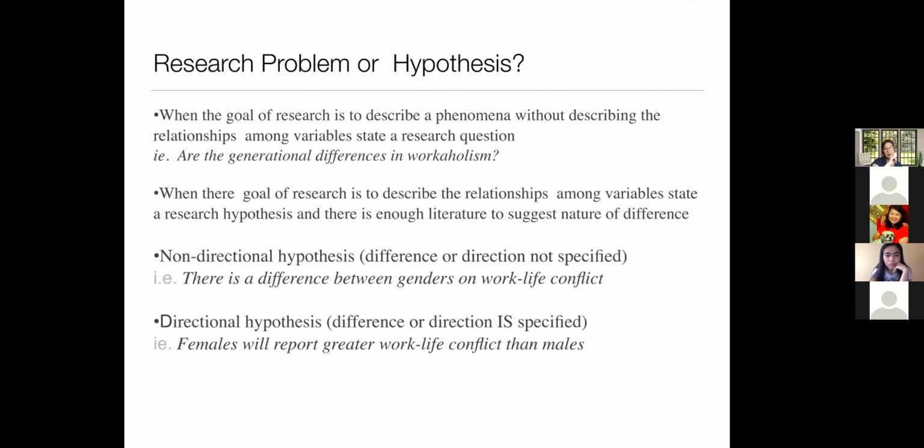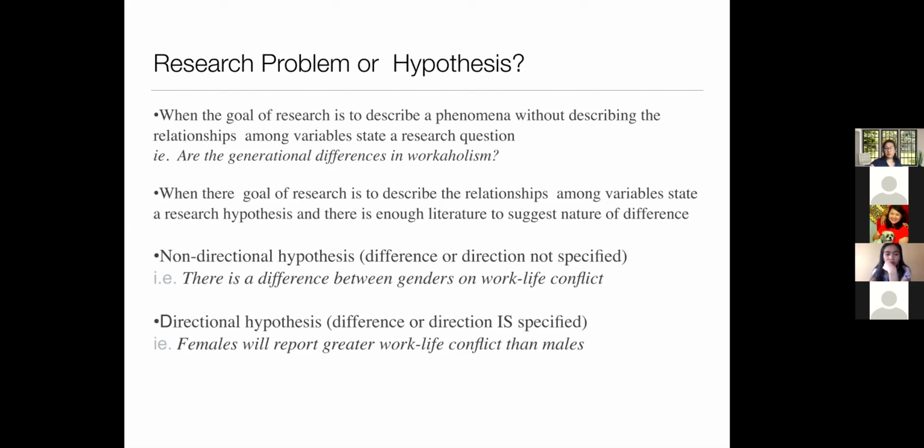But when there is a difference, when you know for a fact, or when there is literature to back up that you expect to find a difference, then you can state it from a hypothesis perspective, right? So there is a difference between genders on work-life conflict.